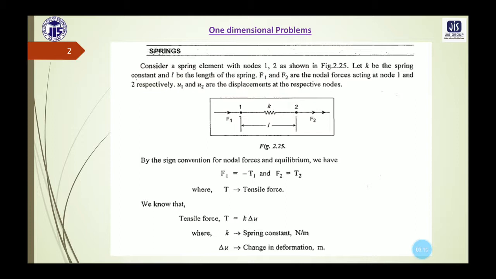Now, the sign convention for the nodal forces and equilibrium, you can write F1 equals to minus T1 and F2 equals to T2, where T is the tensile force. Again, we know that the tensile force formula T equals to K into delta U, where K is the spring constant whose unit is Newton per meter, and delta U, this is the change in deformation, which is in meter.